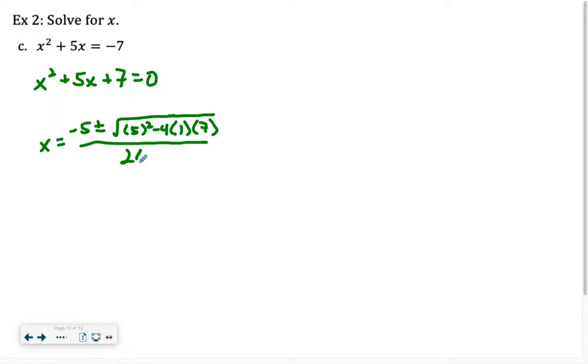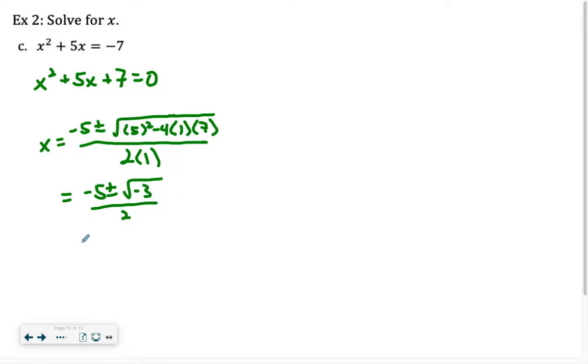That's all over 2 times a. And then we just simplify. So this would be negative 5 plus or minus the square root of, so 25 minus 28, right? 4 times 1 times 7 would be 28. So 25 minus 28 would get me negative 3.